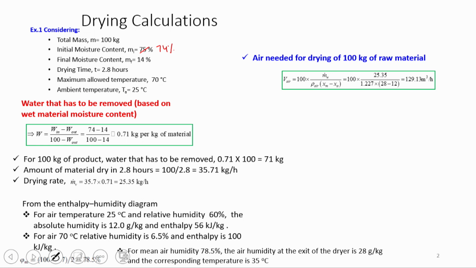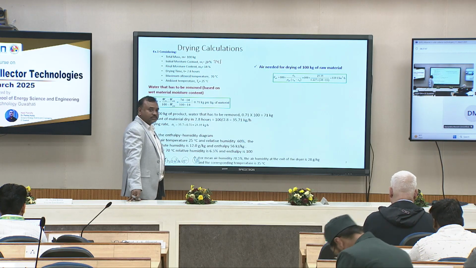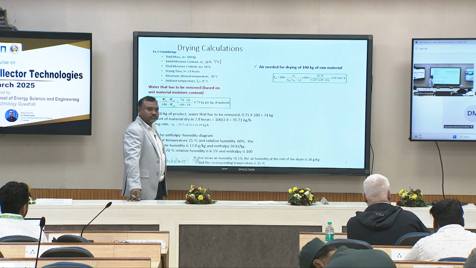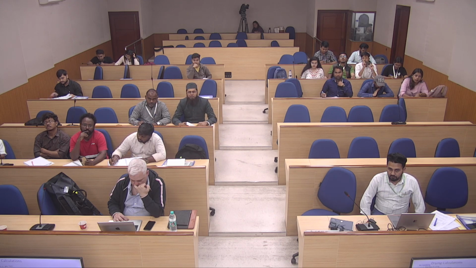So, how did you get this 28 minus 12? Can someone tell me from where we got these values? 28 minus 12. What is x m and what is x a?